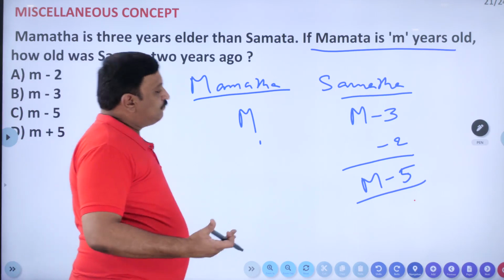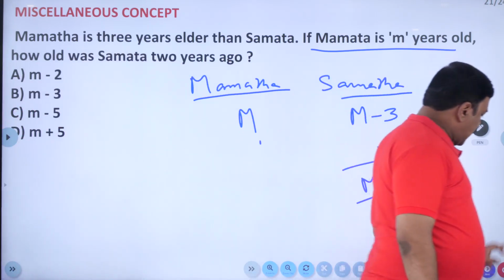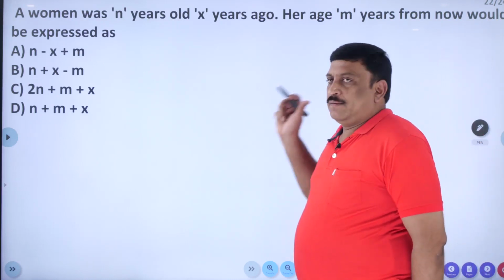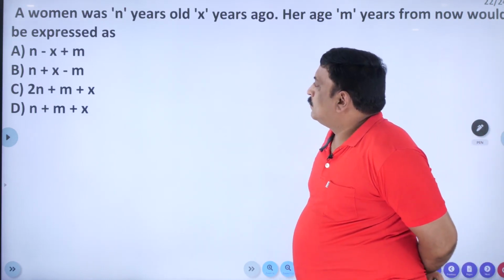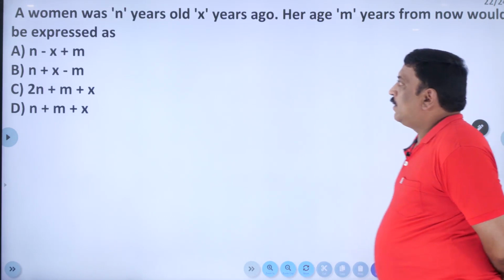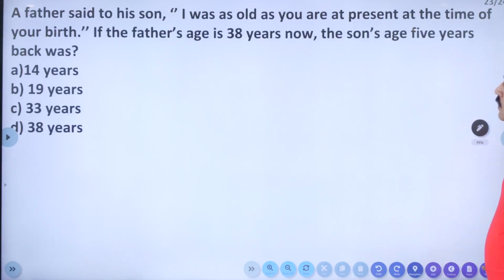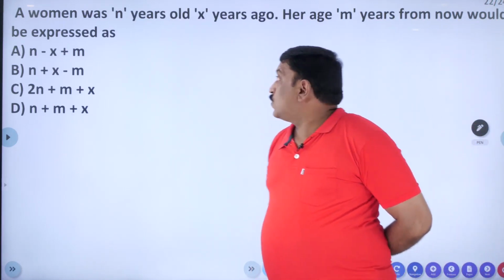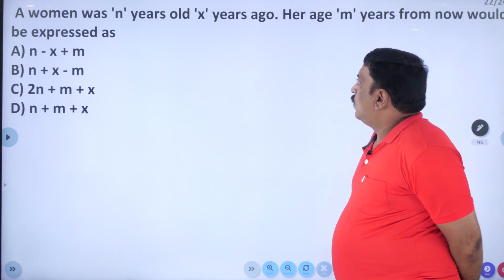Okay, coming to the miscellaneous one. I think this will be the last of these models. A woman was n years old x years ago.